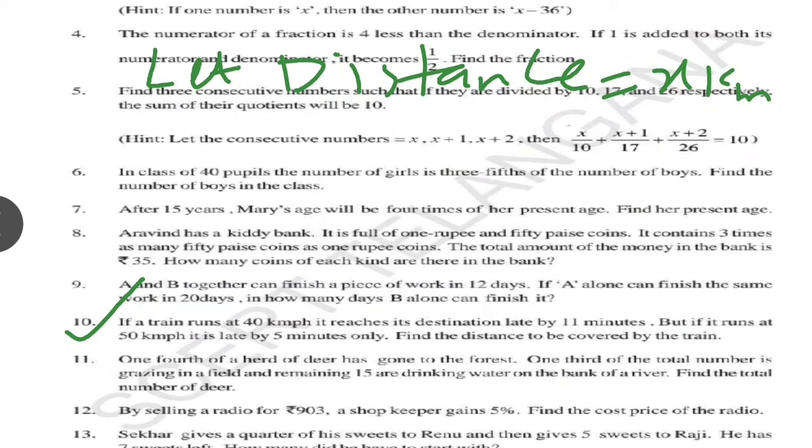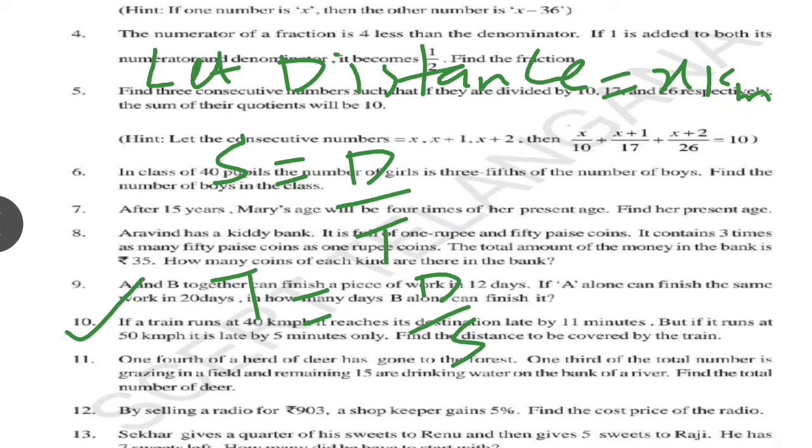Now let's find out the time at the speed of 40 km/h. How much time is taken by the train when it is traveling at 40 km/h? The speed formula is distance divided by time. From this, the time formula is distance by speed.